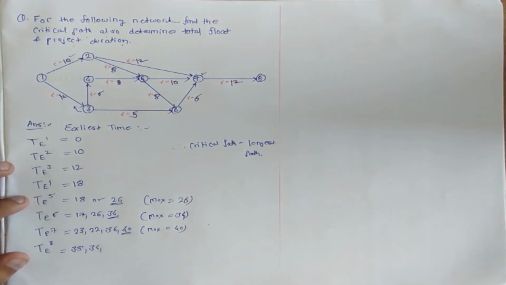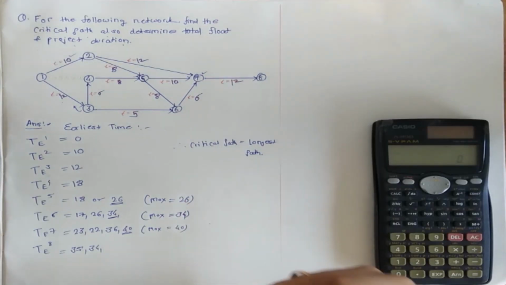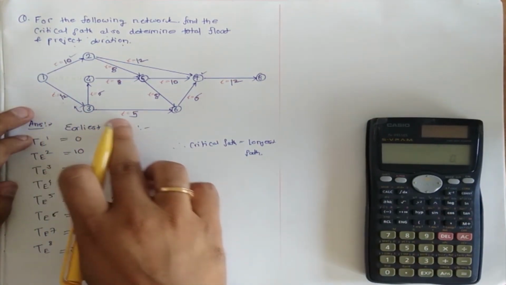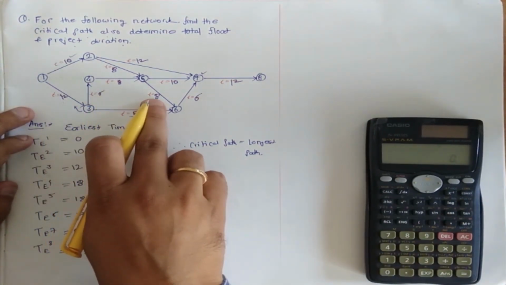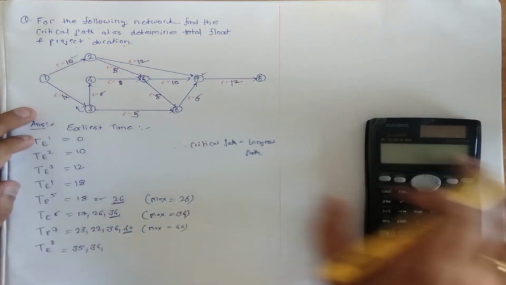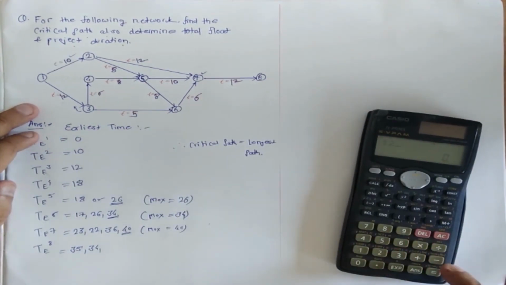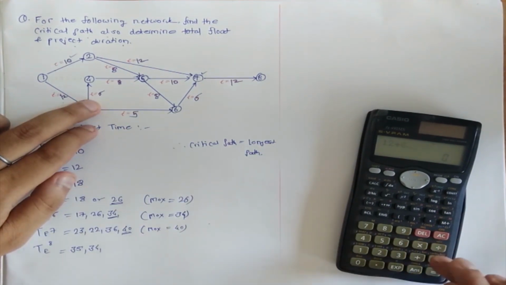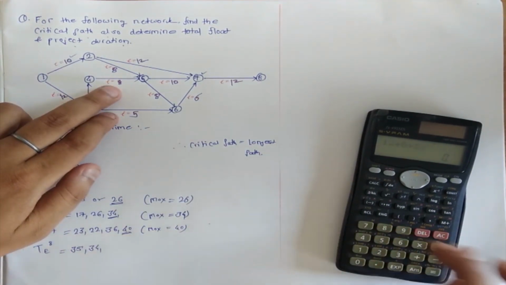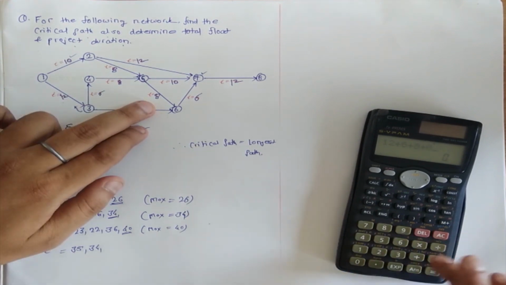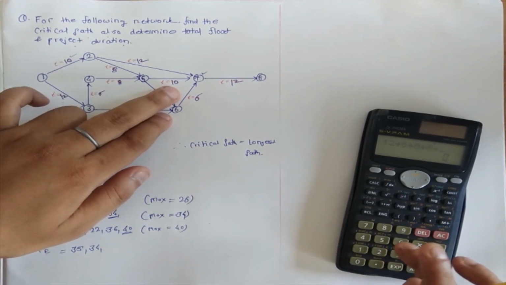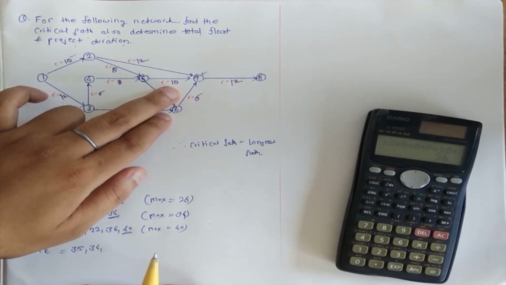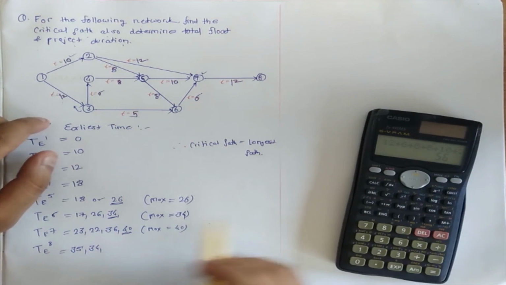Again, the critical path for 8 will be 12 plus 6 plus 8 plus 8 plus 6 plus 12. So we'll see 12 plus 6 plus 8 plus 8 plus 10 plus 12. It is coming to 56. We'll check again.